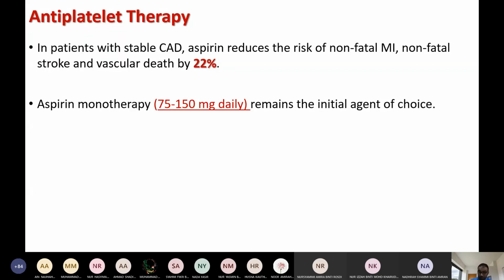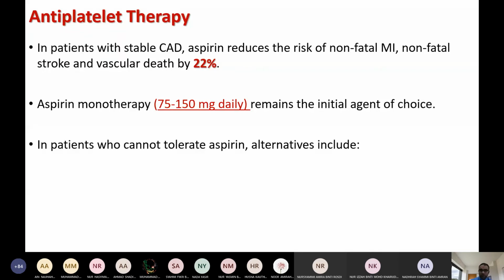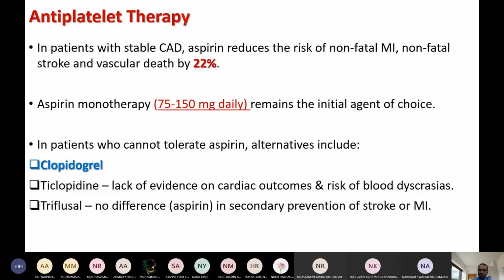Still, aspirin is the initial agent of choice that should be tried first, and an alternative is considered if the patient has a problem tolerating aspirin. The alternative can be, of course, clopidogrel, or ticlopidine, although ticlopidine is not well supported by evidence and has some hematological adverse events, and that's why it is not a preferred option in practice.